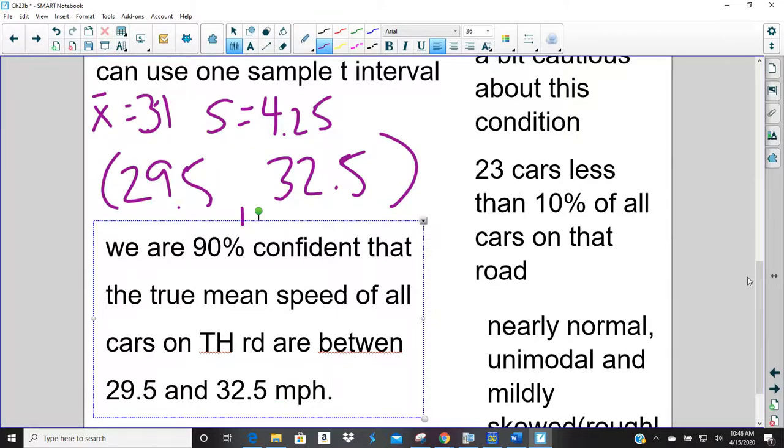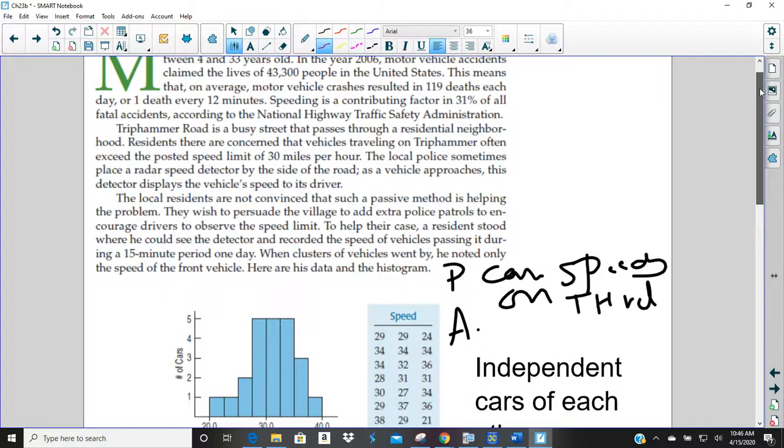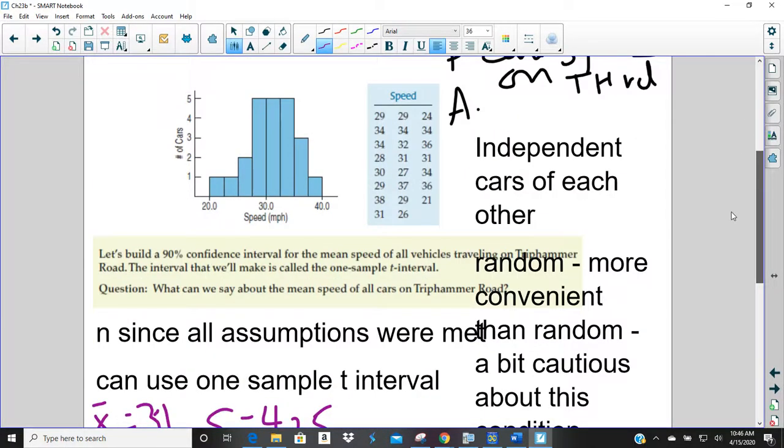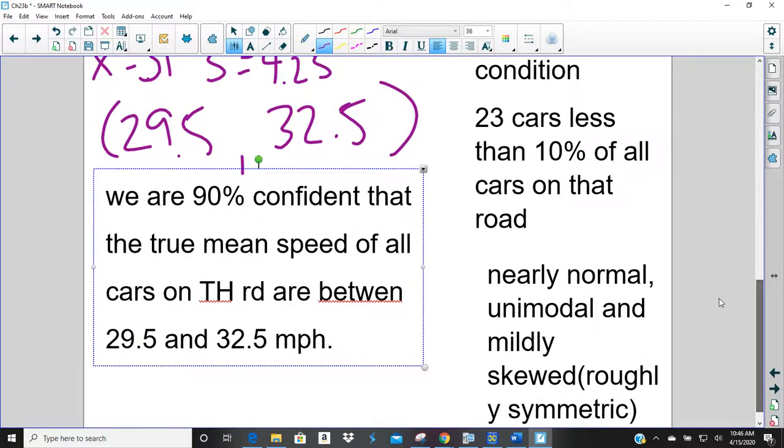If you recall, the speed limit was 30 miles per hour. So the question is, what can we say about the mean speeds of all cars on Trip Hammer Road? We're 90% confident that they're going within the suggested speed limit. Okay.